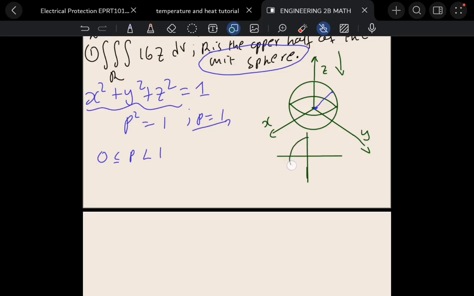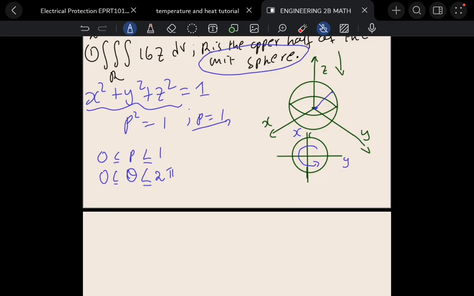You will see a circle, a full circle, rotating all the way around. So your value of theta is 0 to 2 pi. And then this is x, y.